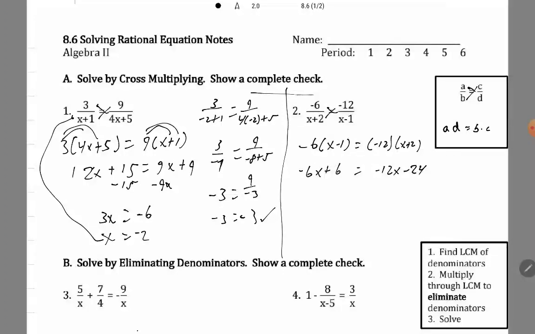Oh, that's a plus 6 there. So I'm going to add 12x to both sides and then subtract 6 from both sides. So I'll get 6x equals negative 30. x equals negative 5.